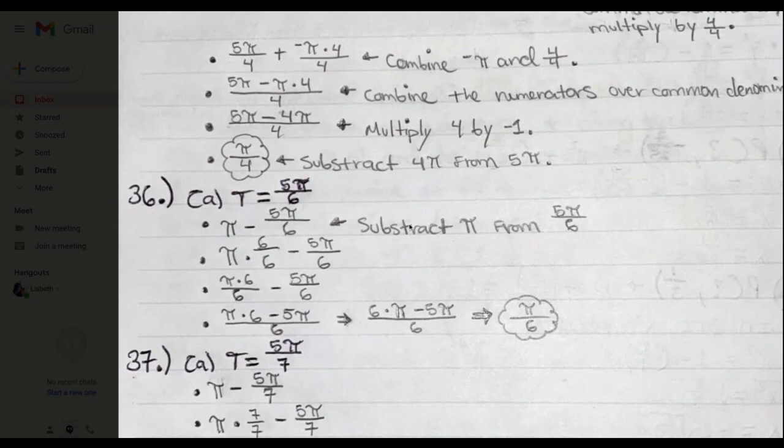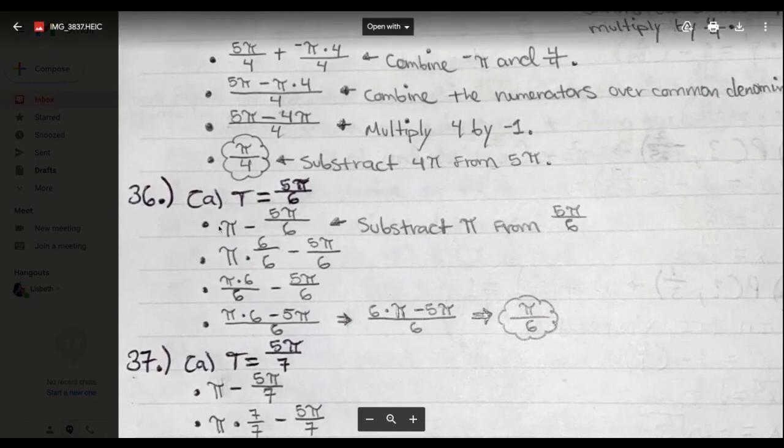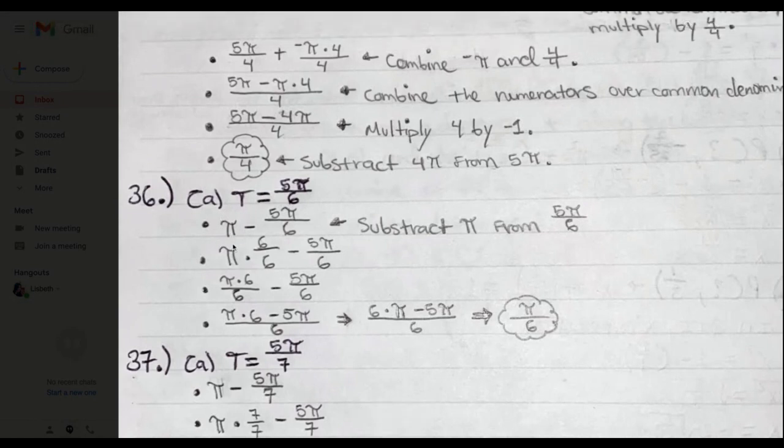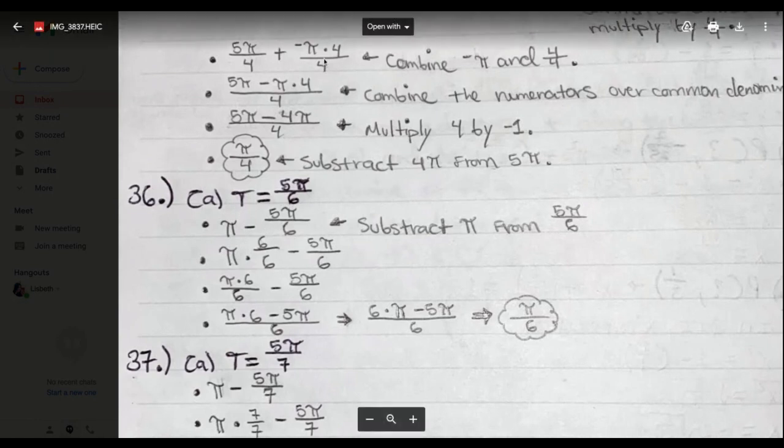The first thing is to subtract pi from 5 pi over 6. This is because the angle is in the second quadrant. So we subtract pi from 5 pi divided by 6. If it was in the fourth quadrant, we would subtract this from pi.